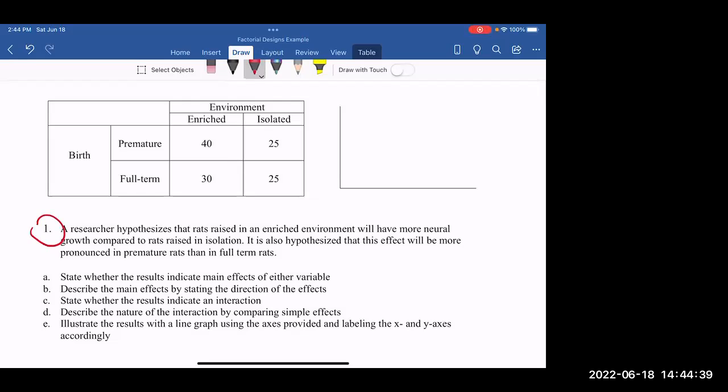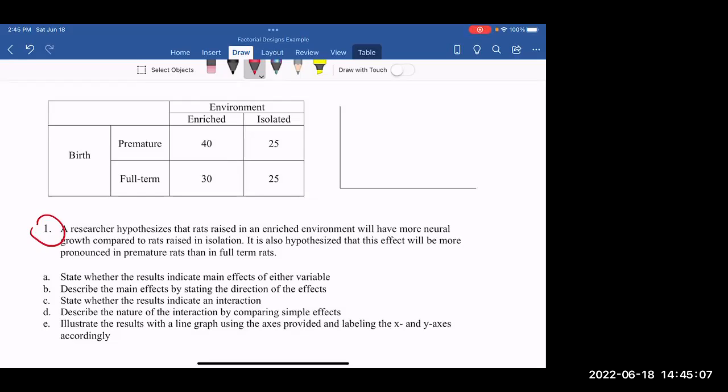Okay, so let's just read it out loud together. A researcher hypothesizes that rats raised in an enriched environment will have more neural growth compared to rats raised in isolation. It is also hypothesized that this effect will be more pronounced in premature rats than full-term rats.